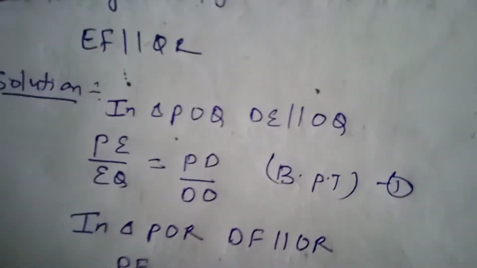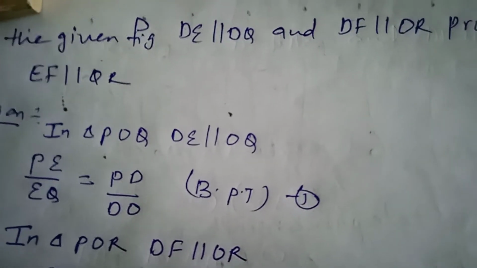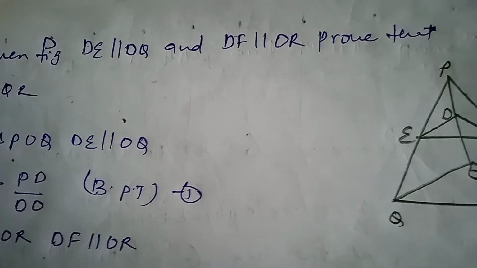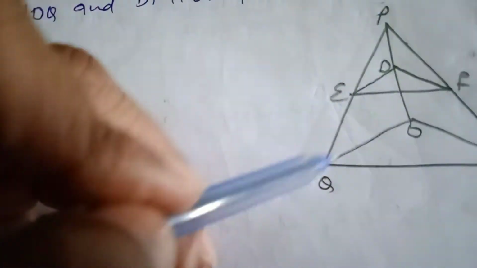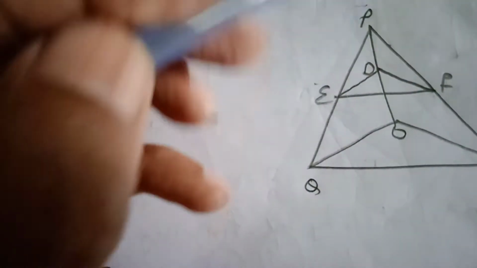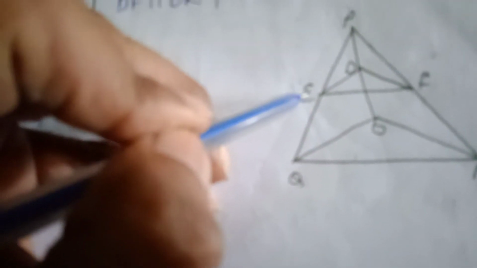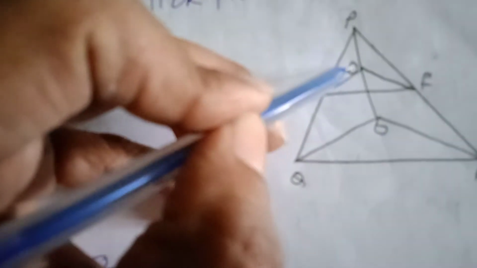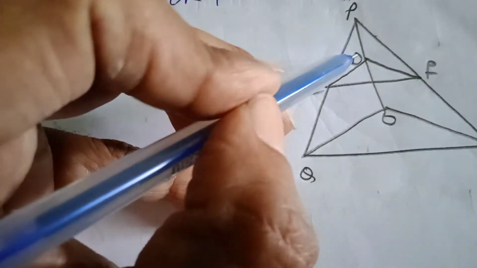In the given figure, DE parallel to OQ and DF parallel to OR, prove that EF parallel to QR. With the help of the information, we have drawn the triangle PQR, EF parallel to QR, and DE parallel to OQ, DF parallel to OR.